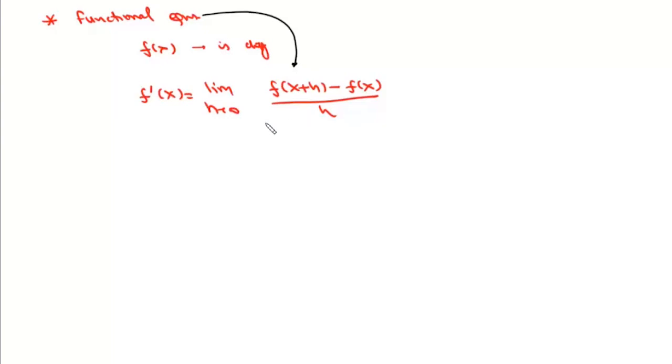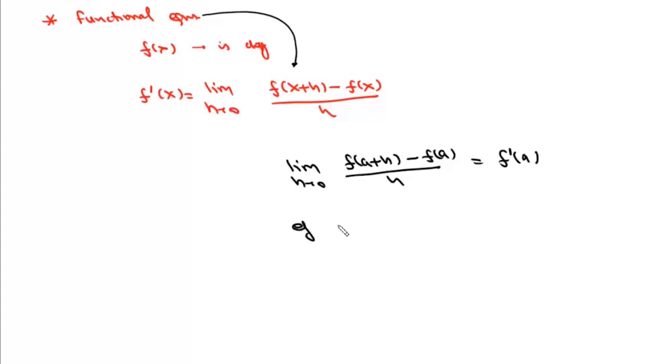And wherever we come across this condition, the limit h tends to 0 of [f(a+h) minus f(a)] upon h, we'll simply write this as f'(a). Say for example, in the question you'll find f(0) is 0 and then you'll get f(-h) upon -h.